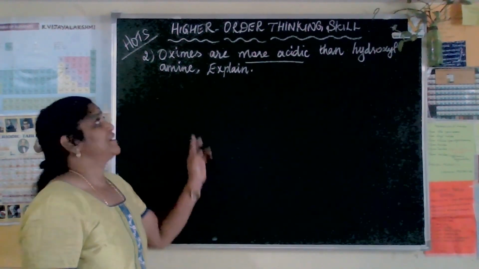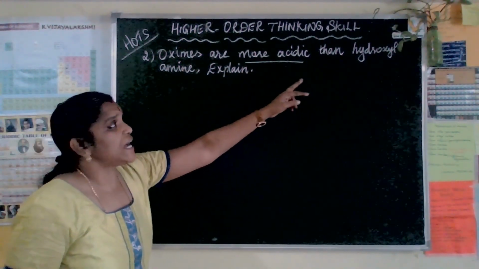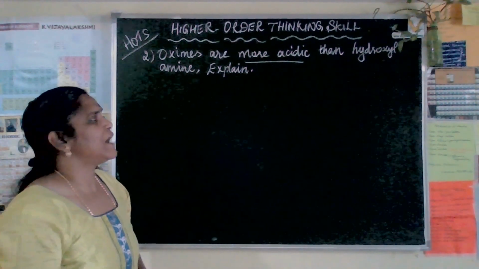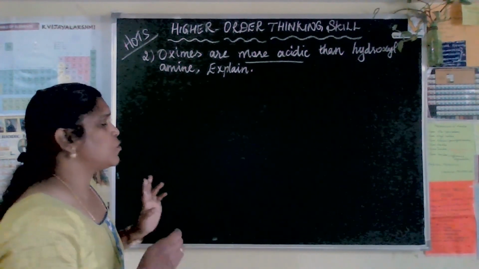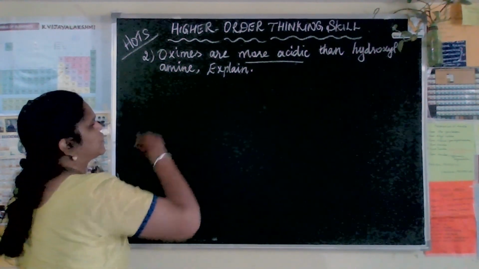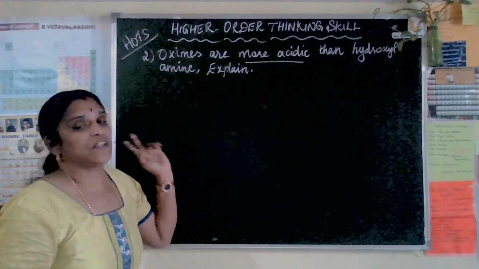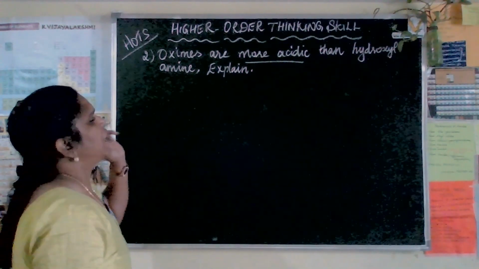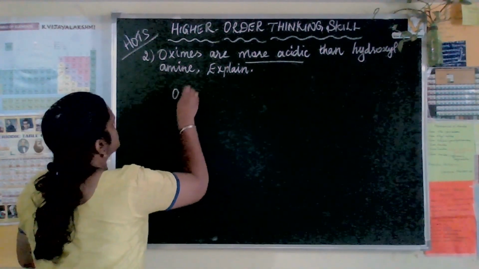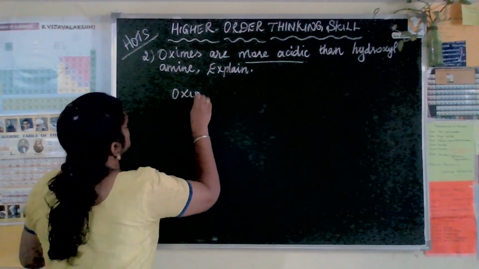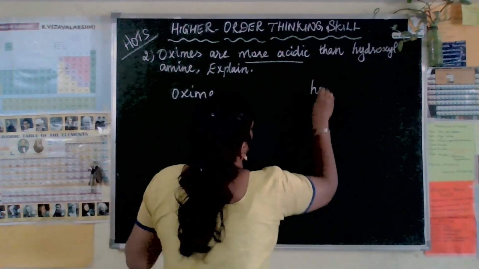The next question: oximes are more acidic than hydroxylamine. So oximes are more acidic. Why? Let us go for that. If the question says about the difference between them, we can also say that. Now let us go for that. This is oxime and this is hydroxylamine.